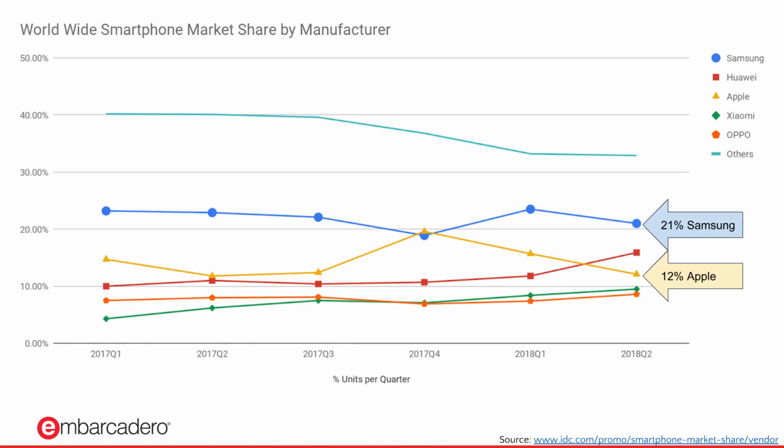So here's a chart showing smartphone market share by manufacturer. We can see that Apple back in 2017 Q4 actually jumped up ahead of Samsung, but for the most part, Samsung has been ahead of Apple. And now Huawei is producing more smartphones than Apple as well.